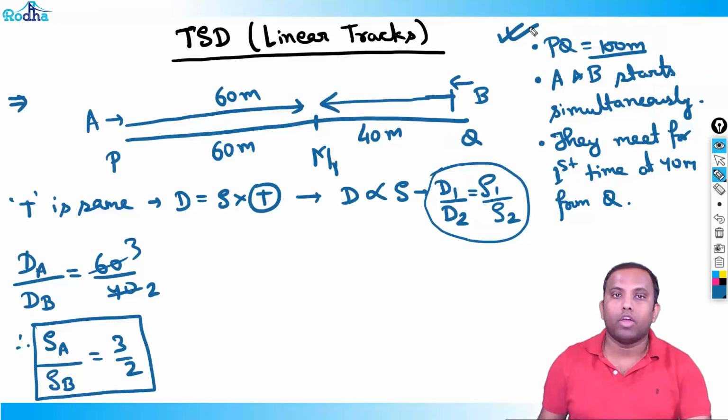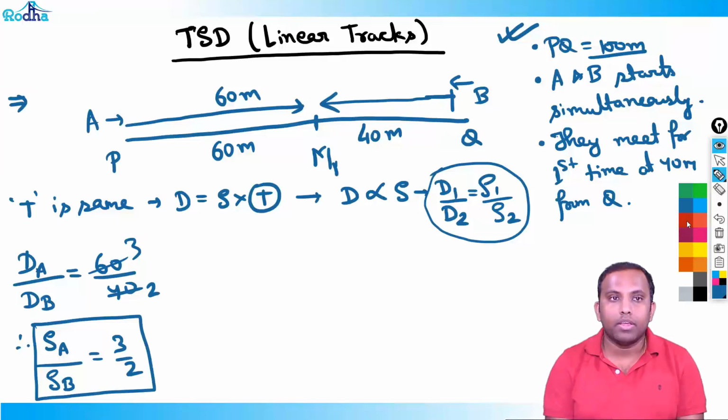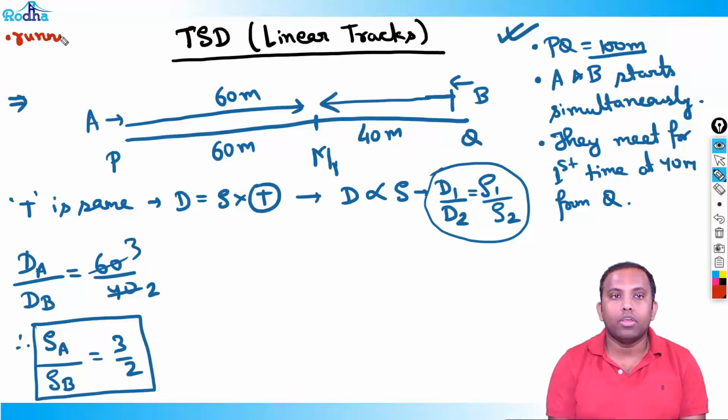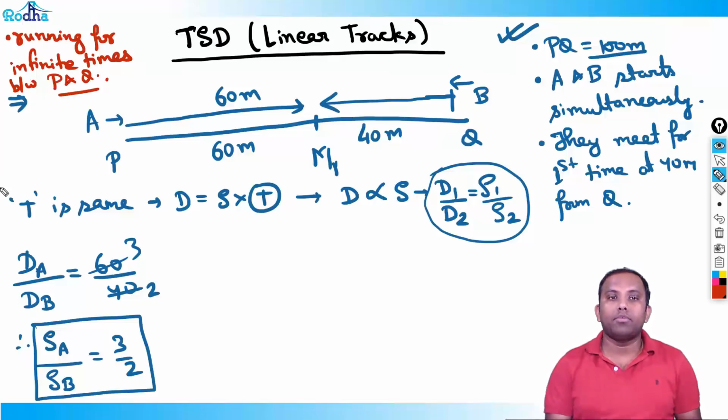Now, if A and B meet at M1 and keep running for infinite time between P and Q, this is important.